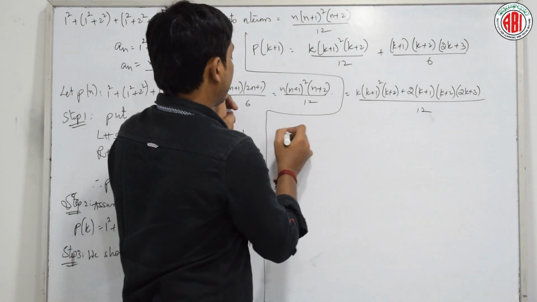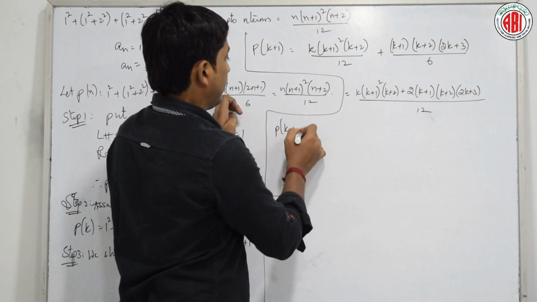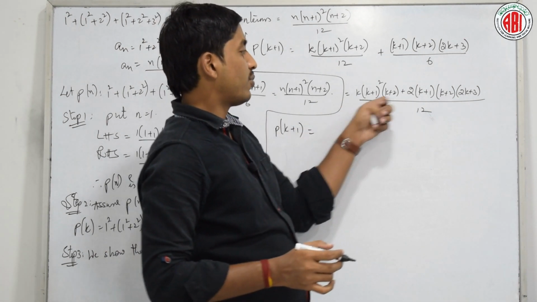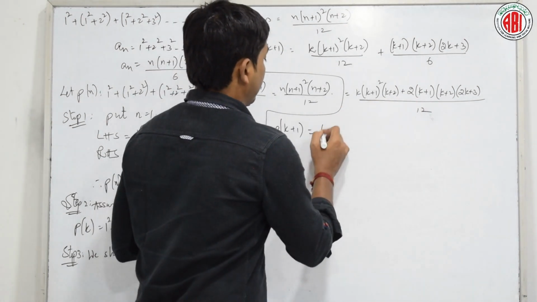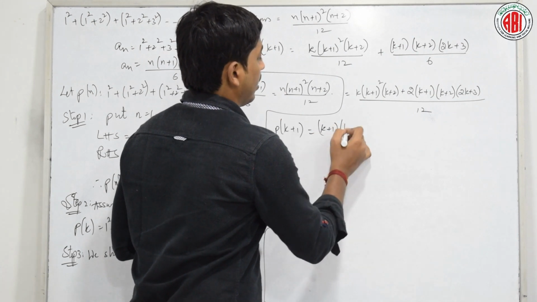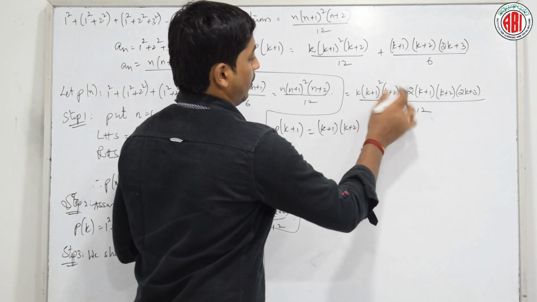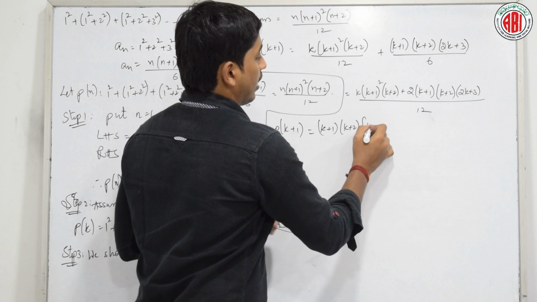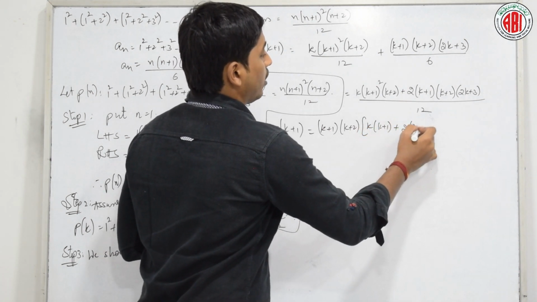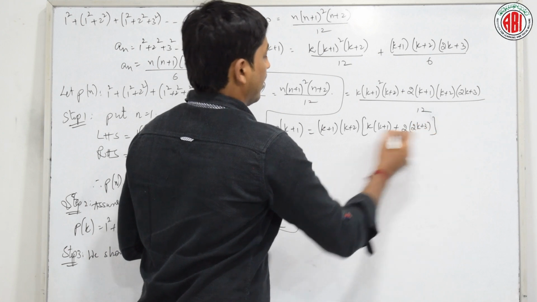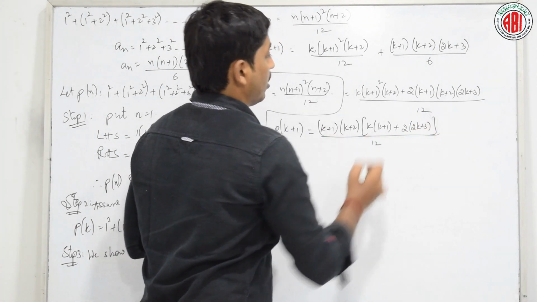Okay, now let us simplify it. K plus 1, k plus 2. Can I take it as common? Yes, right. That is k plus 1, k plus 2 is common term. Here k into k plus 1 is left. There 2 into 2k plus 3 is left, whole divided by 12.